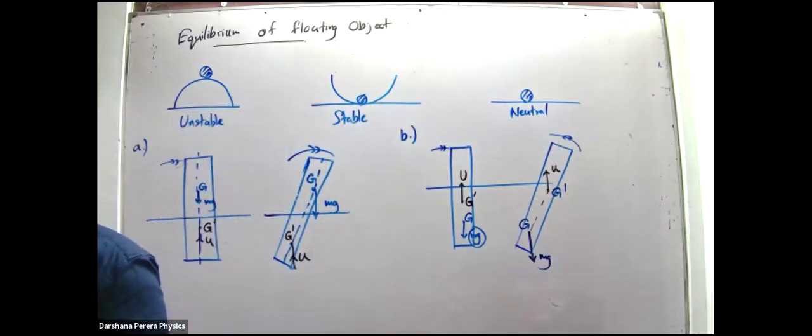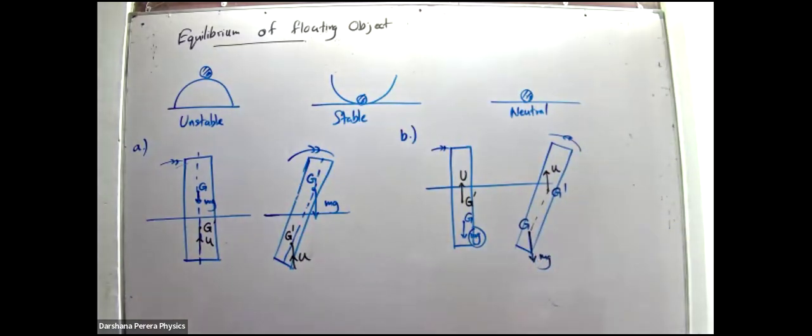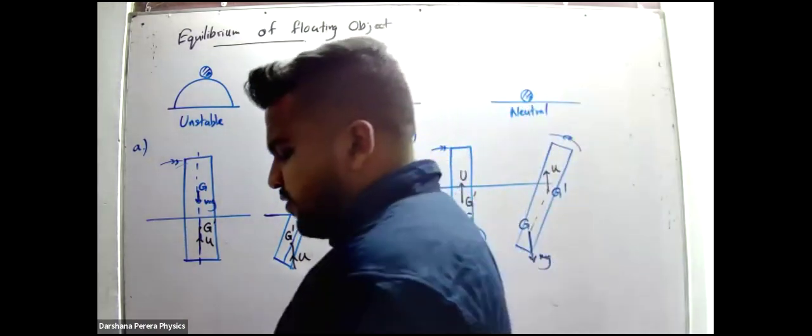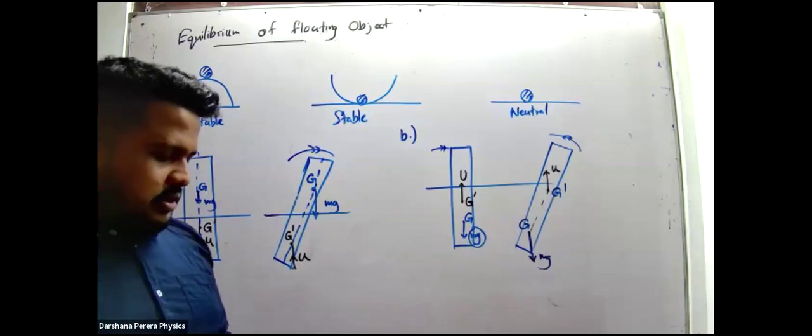So write down part B. If capital G is situated below G dash, while floating vertically, a small angular displacement will create a force couple in the opposite direction of the tilt.